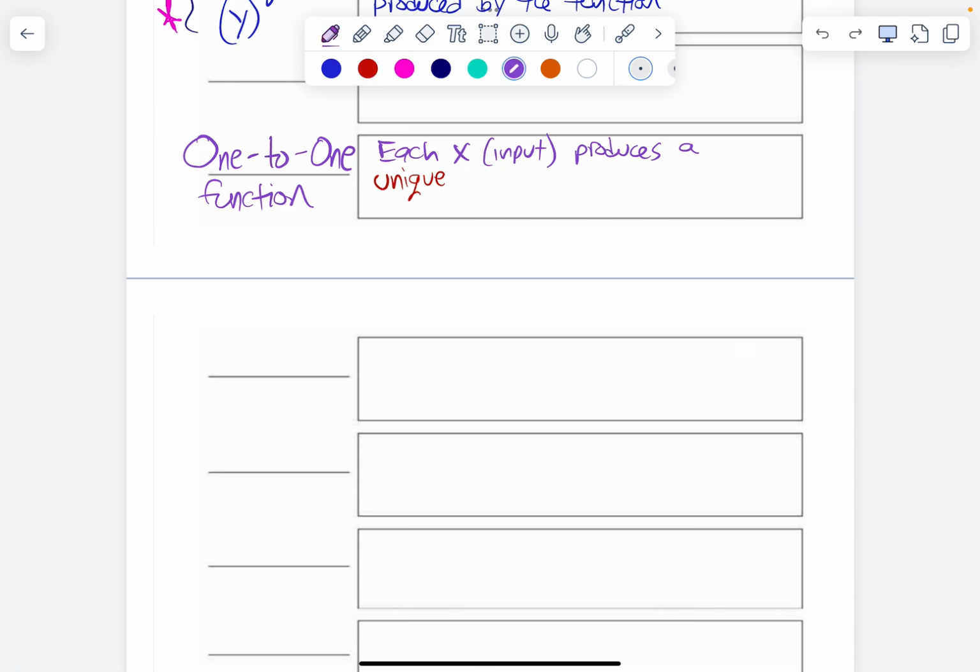I'm going to just say y first. So a unique output, meaning that we're not going to see repeated y values. If you want, in parentheses, you could say no repeated y values.